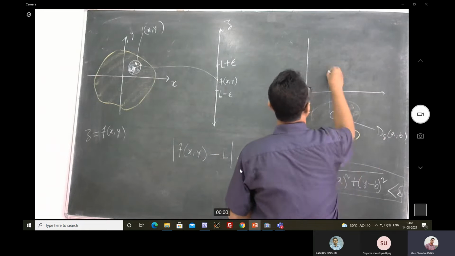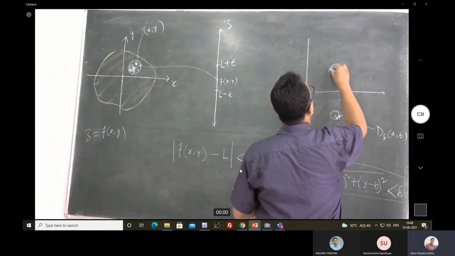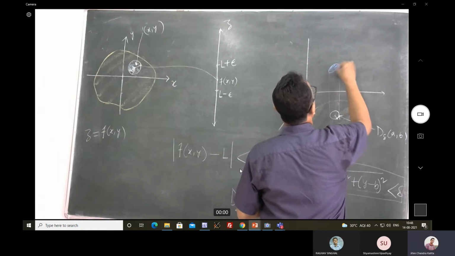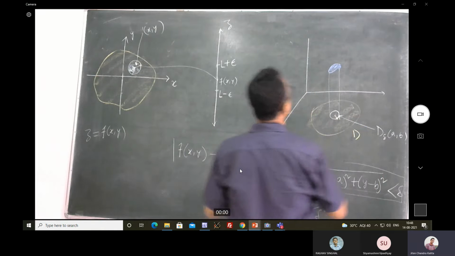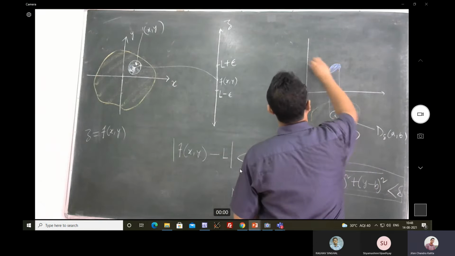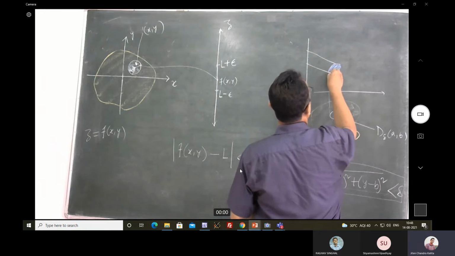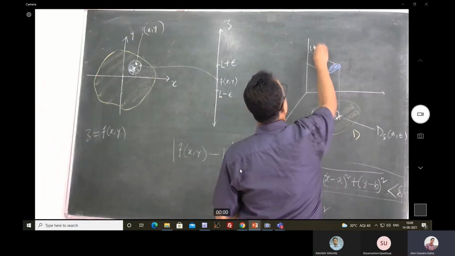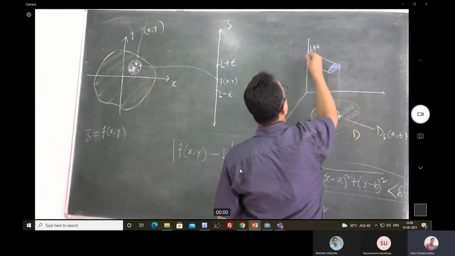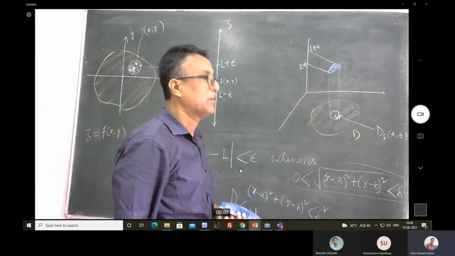Obviously, this is going to have some image here, and that is going to be some surface. So then, what must happen? The highest point and lowest point of the surface must be in the range of L minus epsilon and L plus epsilon.